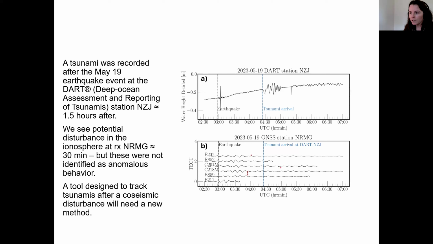Visually, we can see here the detection algorithm did not flag this at all as anomalous behavior. And so there's a lesson learned here, right? We might be able to detect the source of a tsunami, the earthquake event, but tracking it will likely need a different tool and algorithm moving forward.